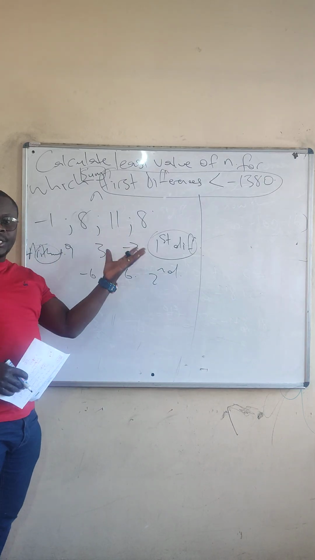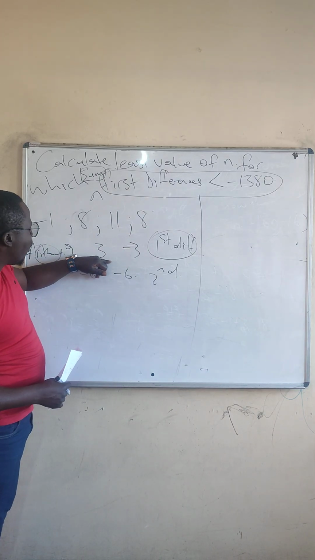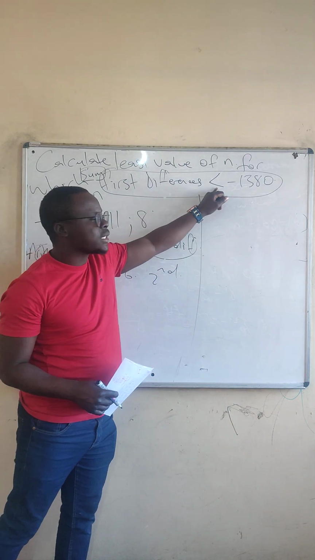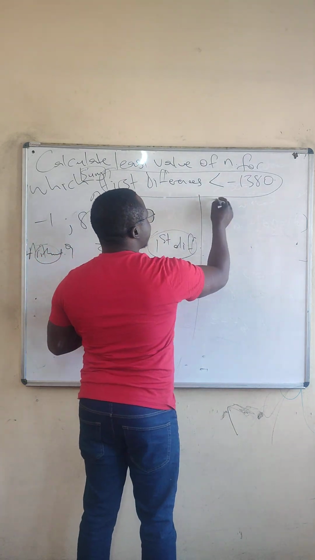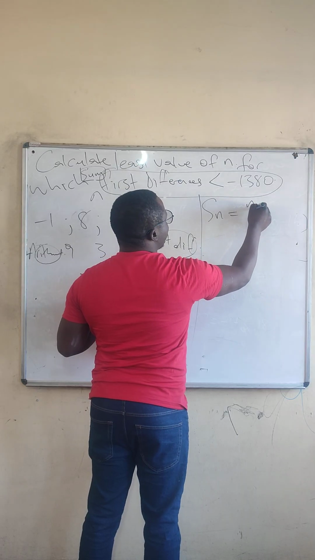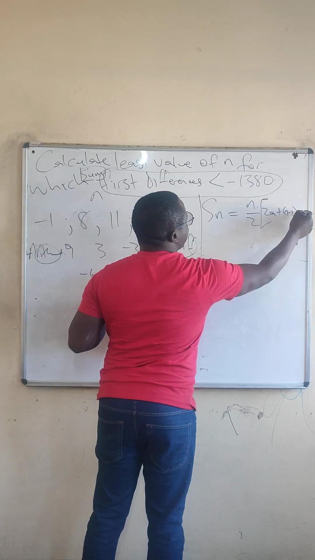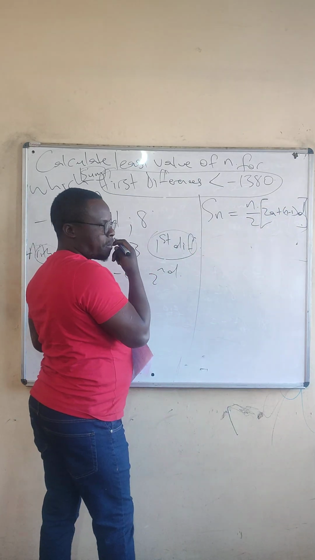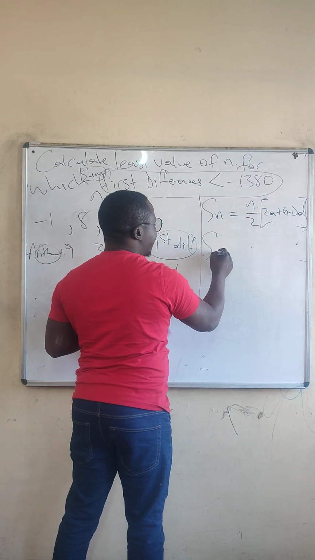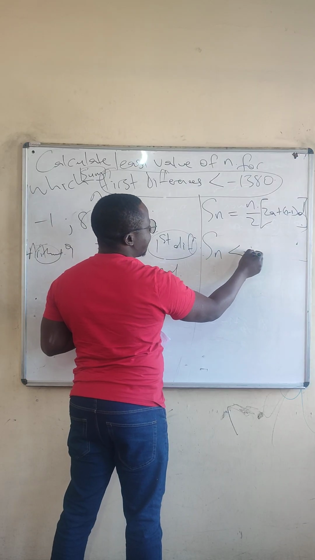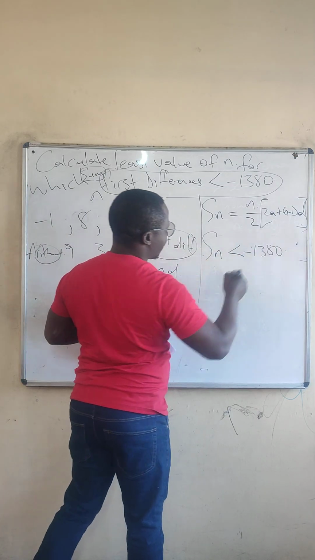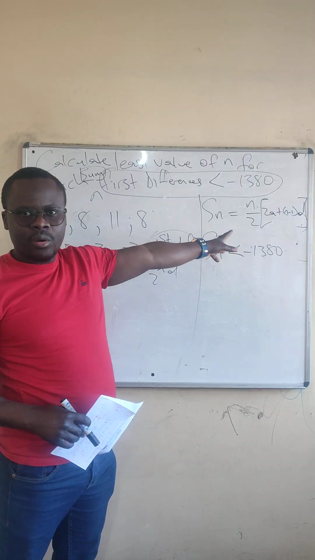If they make an arithmetic sequence, what is the sum of these, which is less than? Let's write the formula. Sum of the first n terms is equal to n over 2 times 2a plus n minus 1 with a d. That's the formula. The sum of the first n terms is less than negative 1380. We are looking for n.